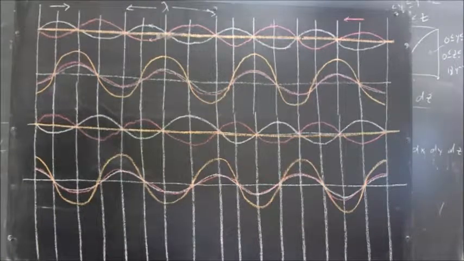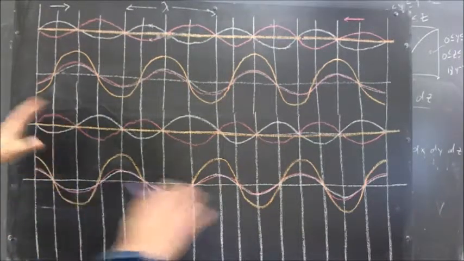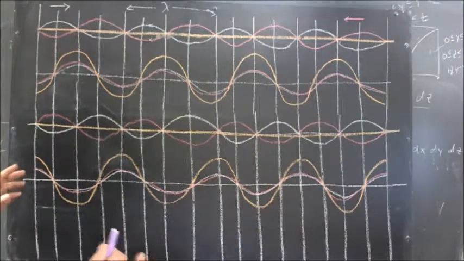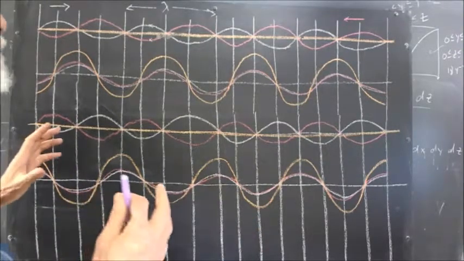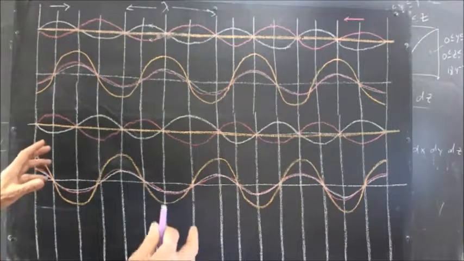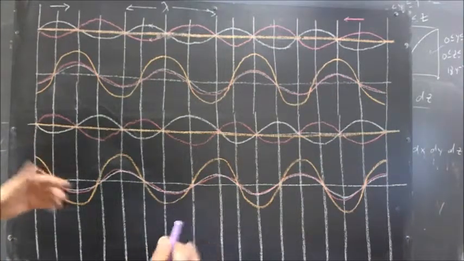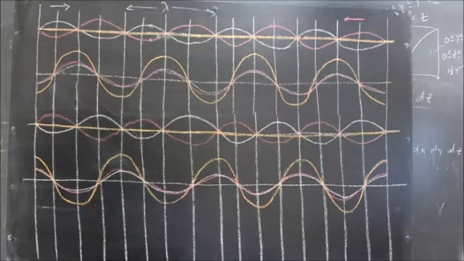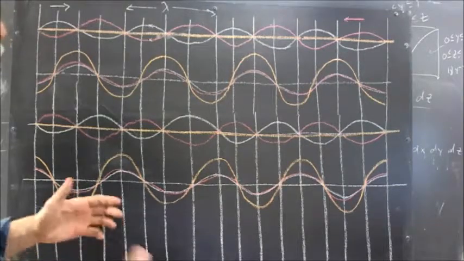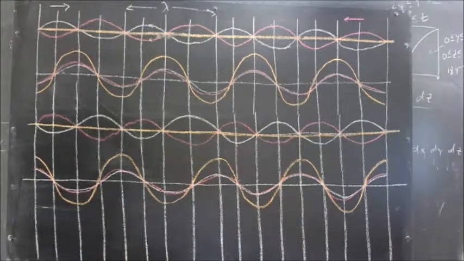Okay? Now there are other waves that can form between 2 points, but what I'm going to say is this picture can be used to represent the development of a standing wave in a string of any length with a wave of any wavelength, as we'll see in a minute.